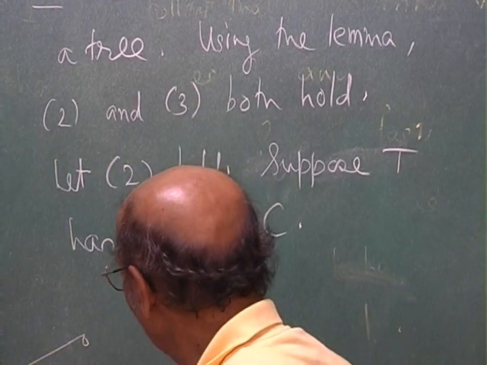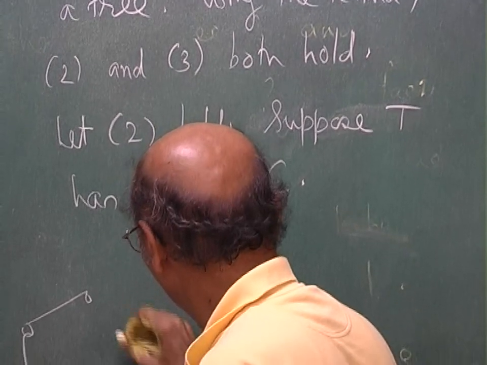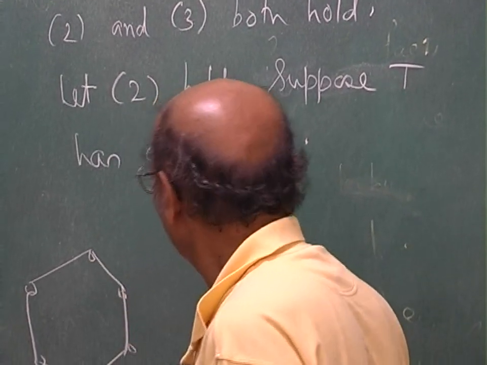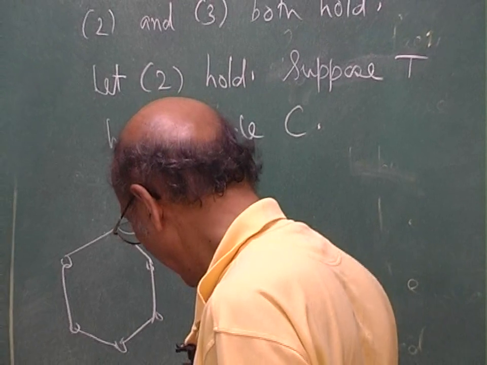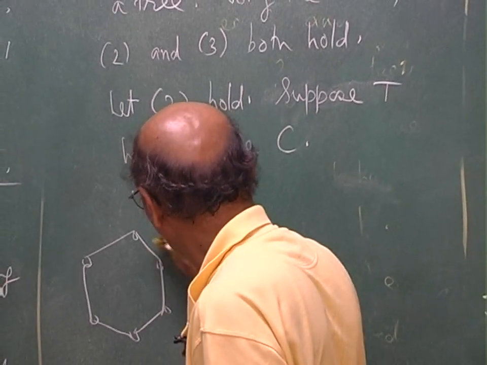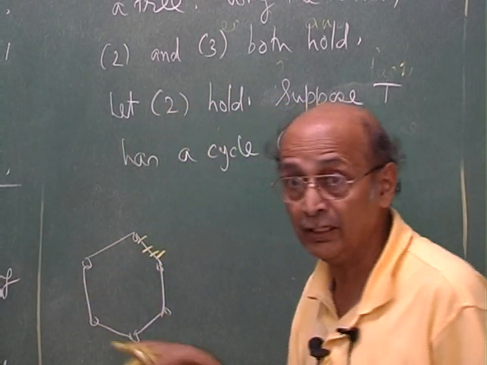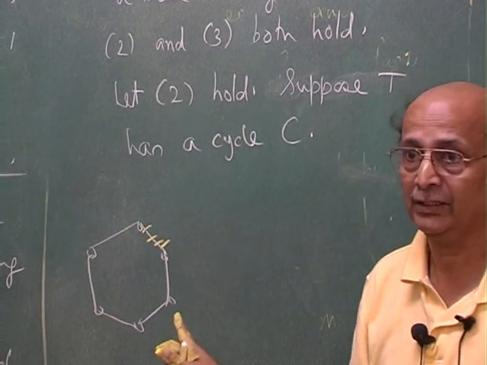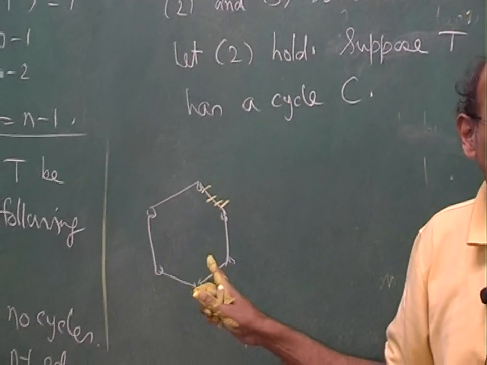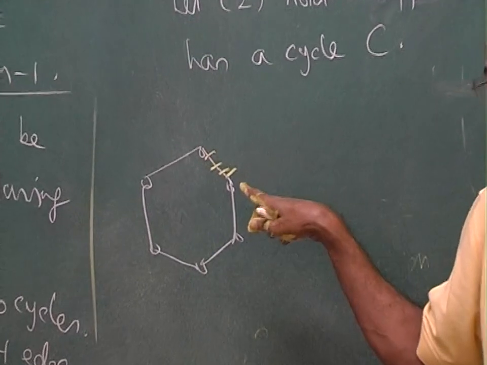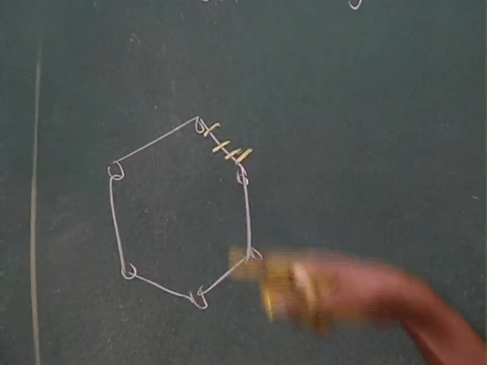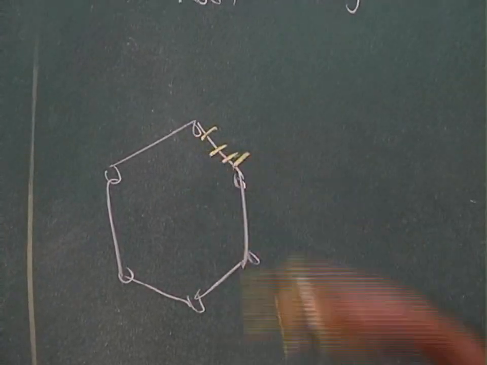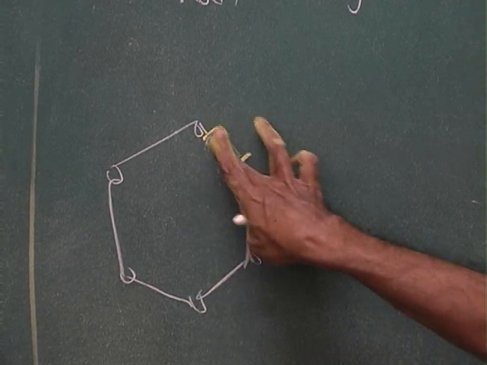This is basically the most elementary idea. From a cycle, if I delete an edge from a cycle, and if your graph is connected, it will continue to remain connected even at the cost of deletion of that edge.